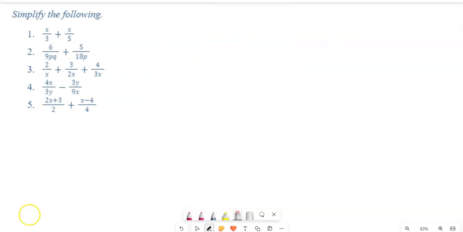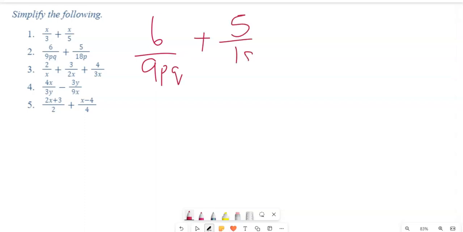Alright, you can pause the video and write if you need to, and then we look at another example. So let's look at the other example. 6 divided by 9pq plus 5 divided by 18p.